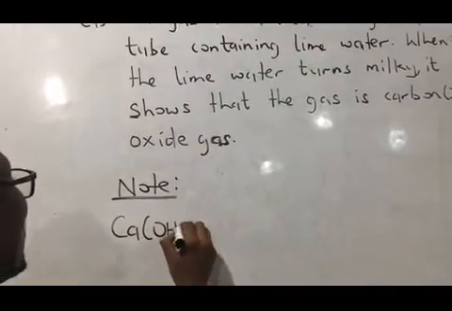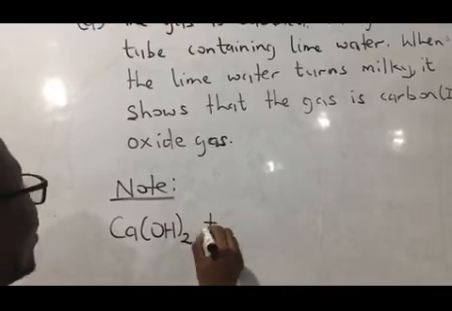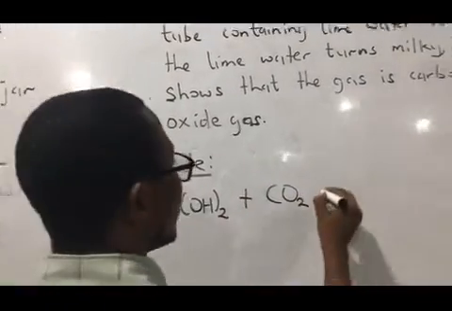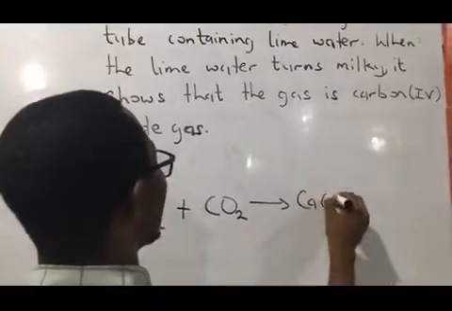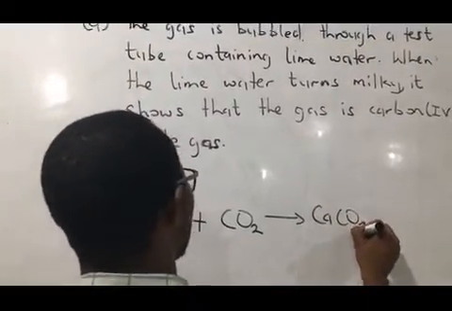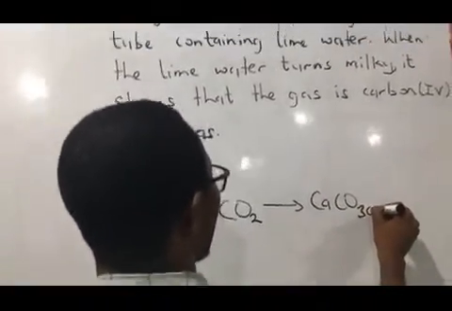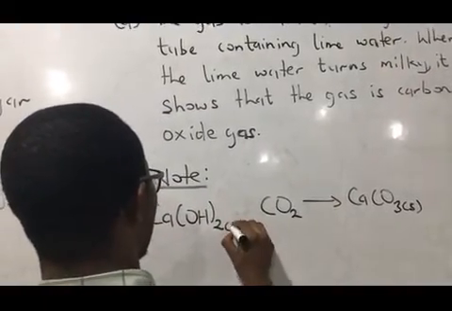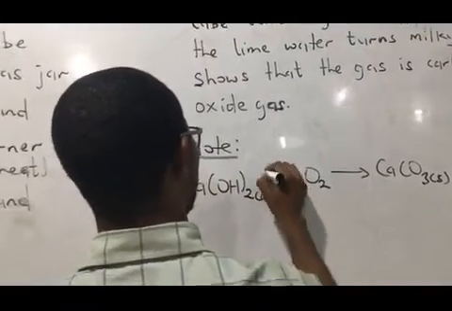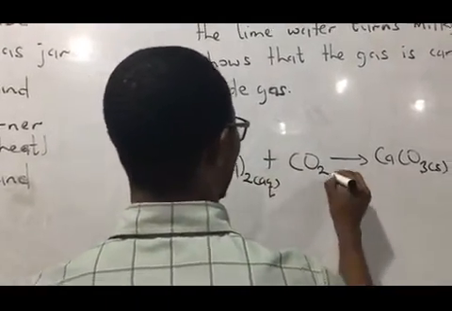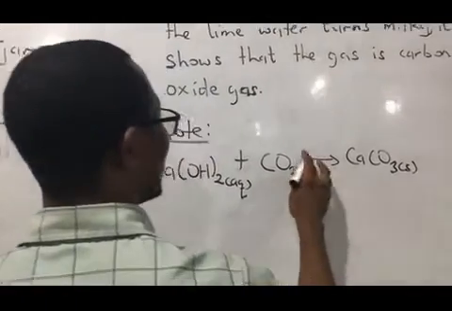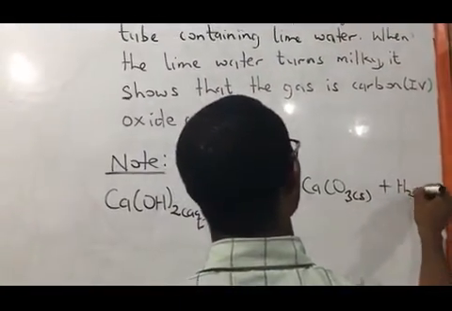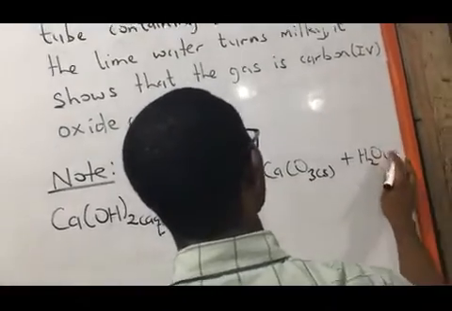So your calcium hydroxide is the lime water, and you are passing carbon dioxide gas through it. You're going to form calcium carbonate. So you have this aqueous, plus this, the gas. You're forming calcium carbonate and then water, which is liquid.